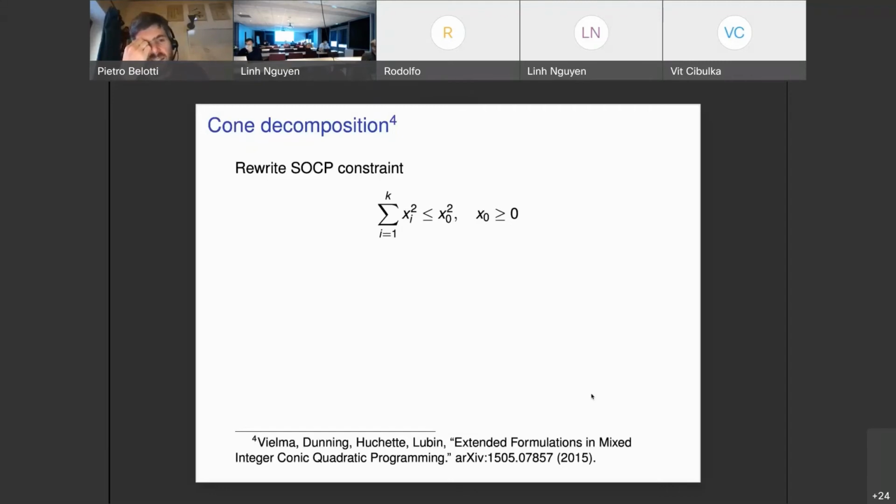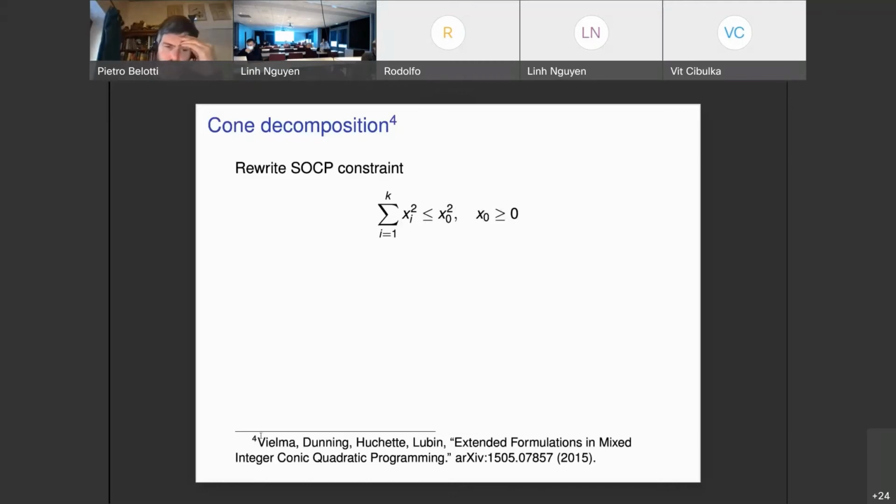Let's take the standard second order conic constraint, which is the sum of xi squared less than or equal to x0 squared, and obviously we must have that x0 is non-negative.